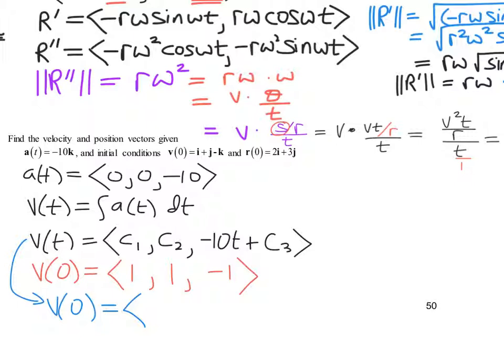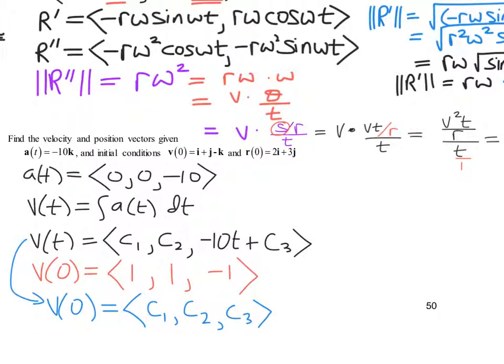So if I plug in a 0, nothing impacts the first 2 terms, but the last term must be equal to negative 1. All right, so actually let me write it as C1, C2, instead of skipping steps. C1, C2 would remain the same, and then your third component to your vector, you plug in a 0, you're going to get C3.